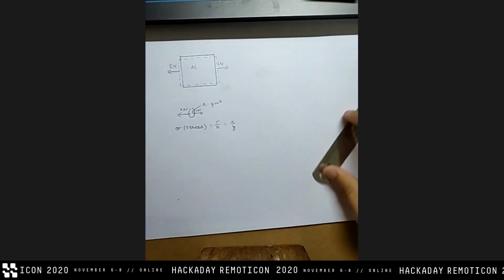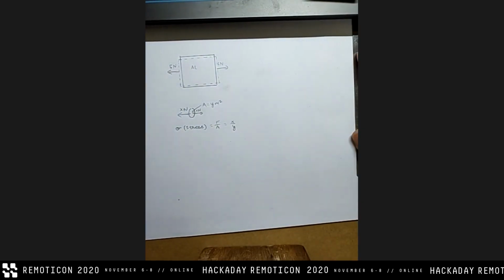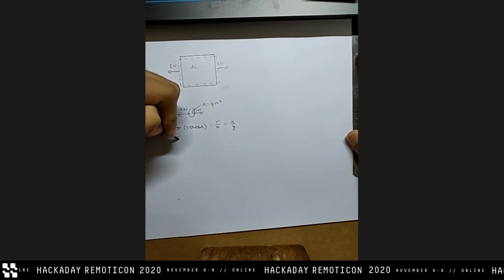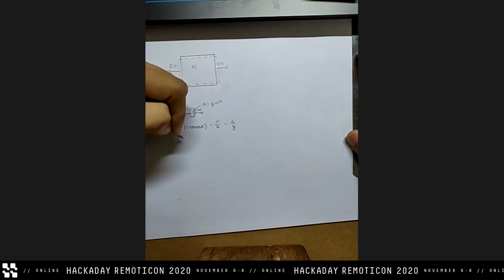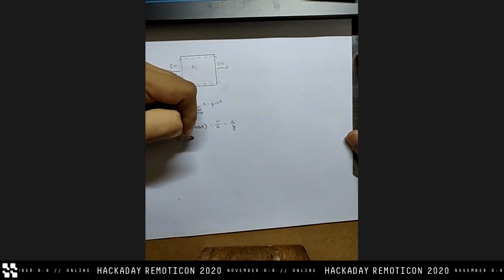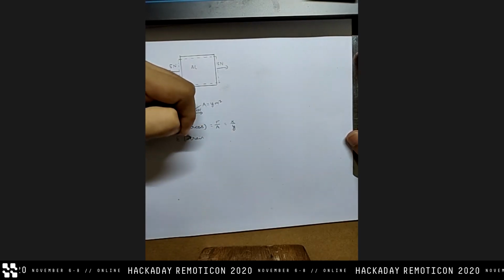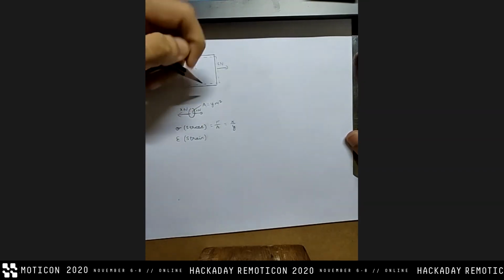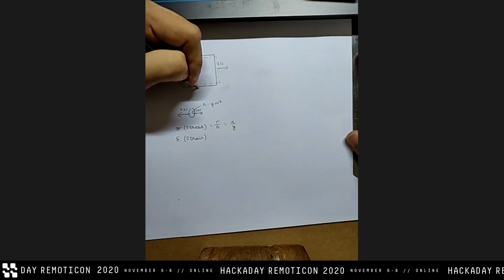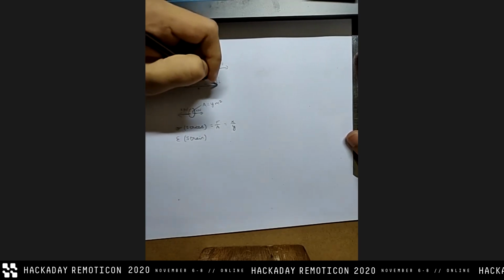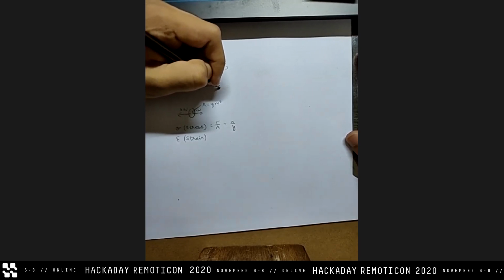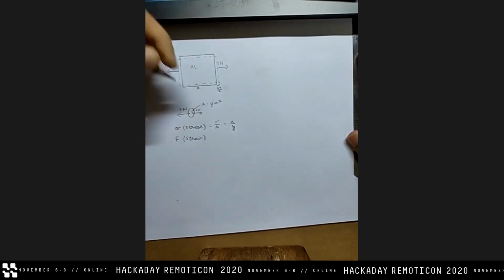That's quite simple. Now, how do you do strain? Strain, which you would write as epsilon. Epsilon is your strain. Let's take a look at this thing again. Let's say this is X, and this thing over here is delta X by 2.